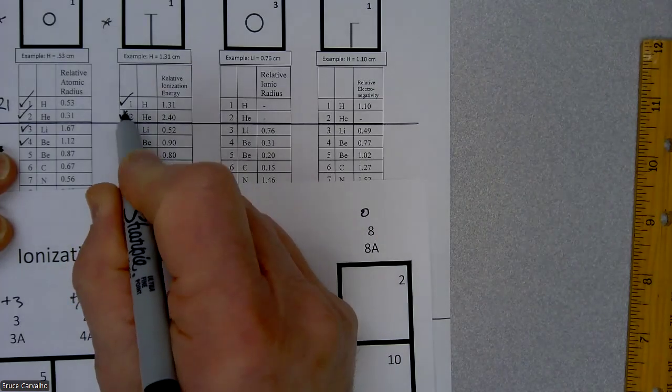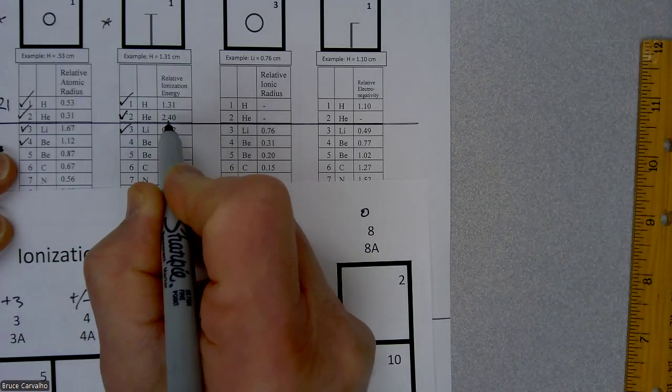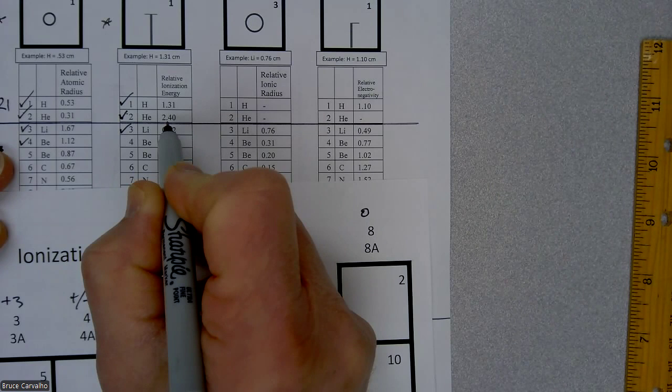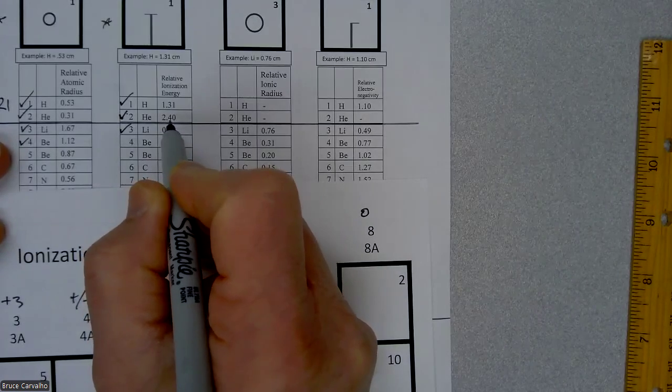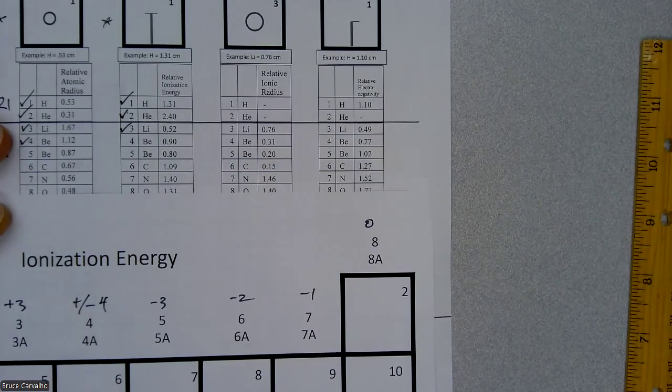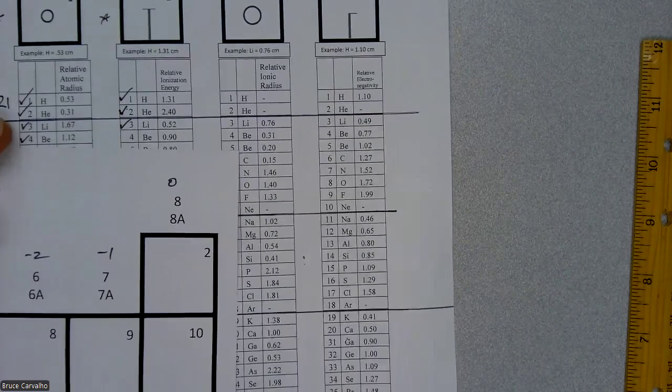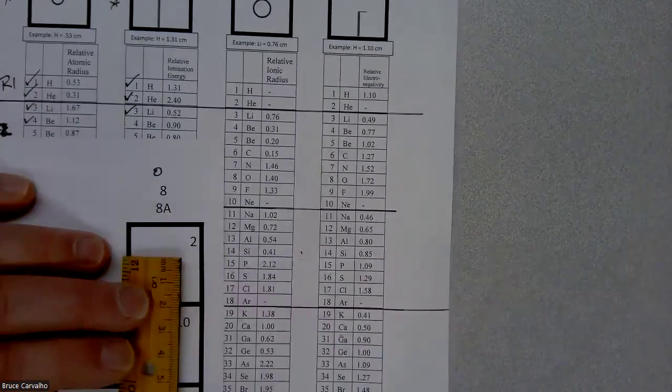You can see it's 2.40, meaning that it has almost twice as much as hydrogen. That means it's hard to pull an electron out of there. Those things are tight. All right, 2.40 for helium.